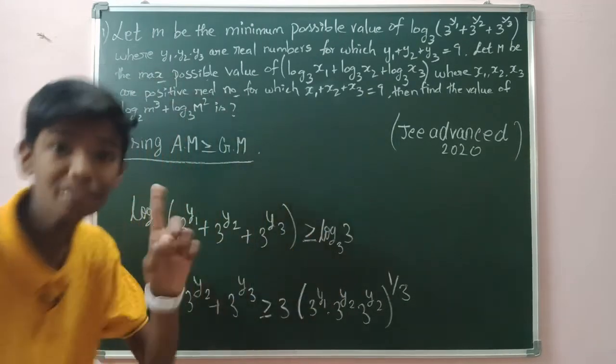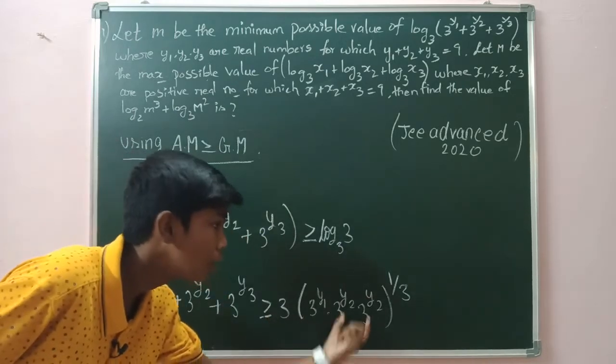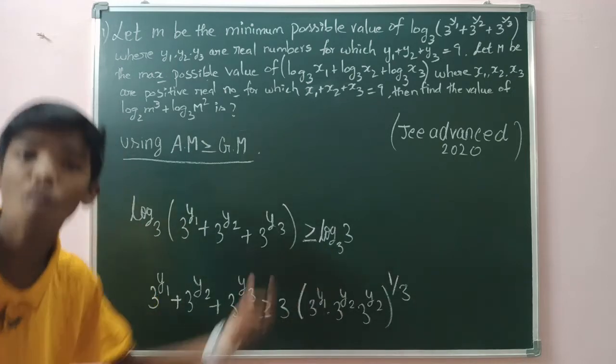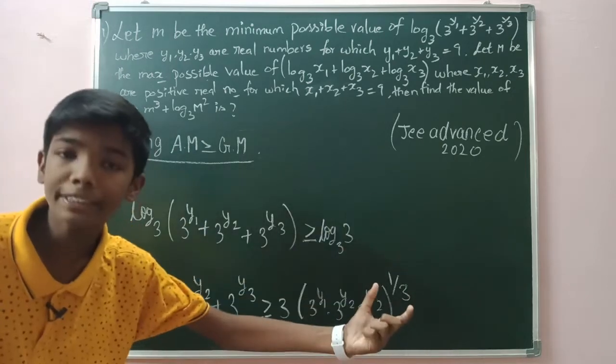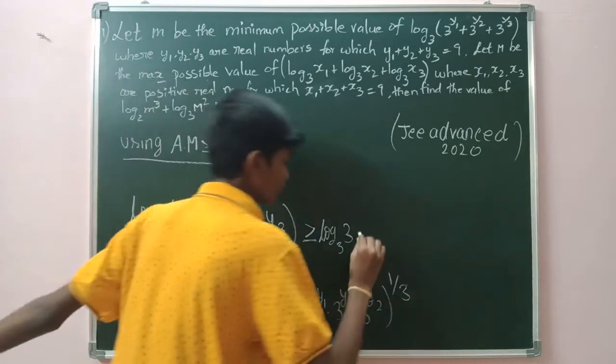Correct now? Listen very carefully. This is one term, that is your 3, and this is one term. So log to the base m of ab can be written as log to the base m of a plus log to the base m of b, and that's the property I'm going to use here.